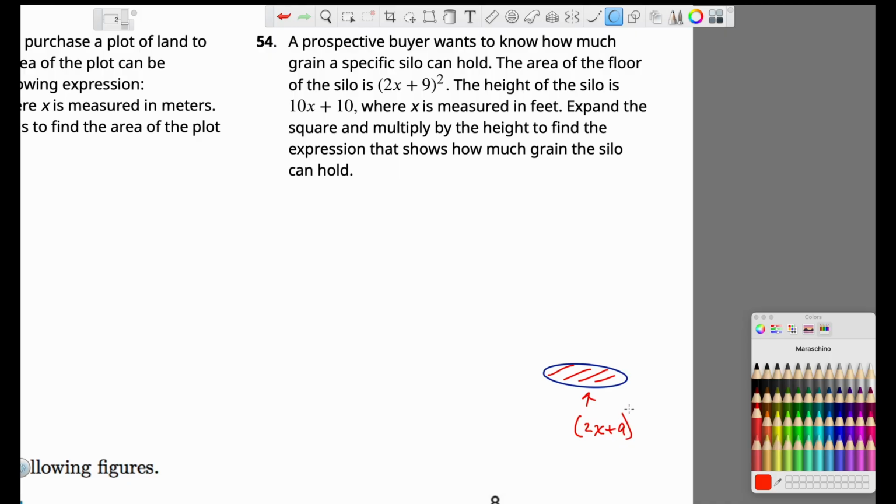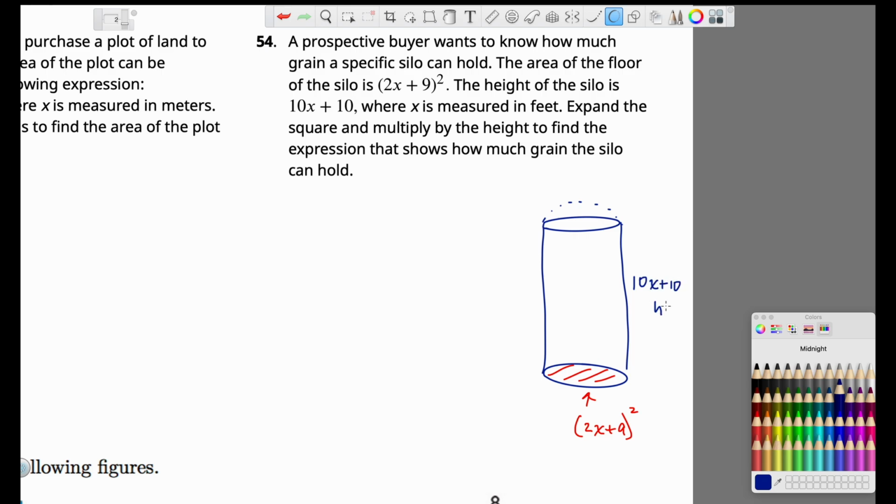Silos are usually a cylinder shape. Maybe it's a prism. I don't know. Doesn't really matter. And it's saying that the height of the silo, maybe it's got a little dome on the top, but we don't care about that, is 10x plus 10.